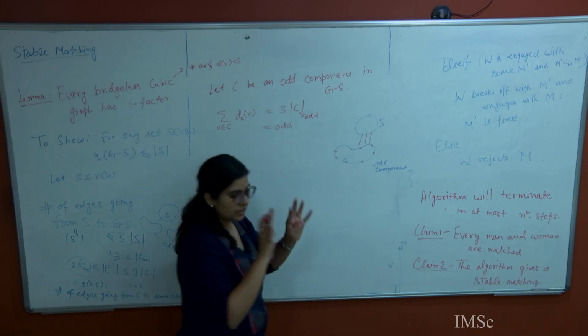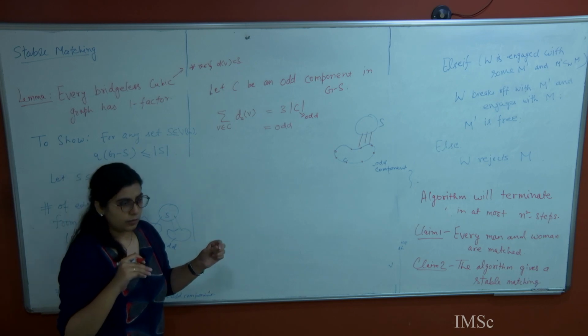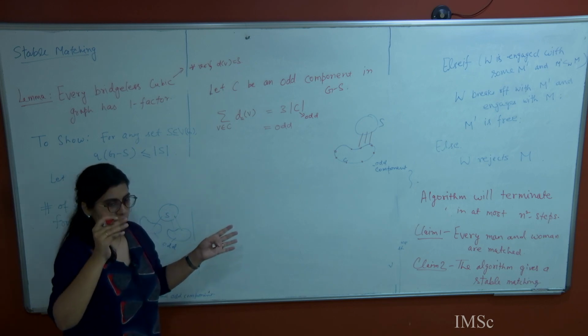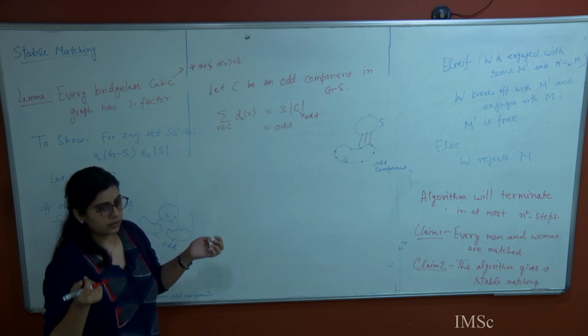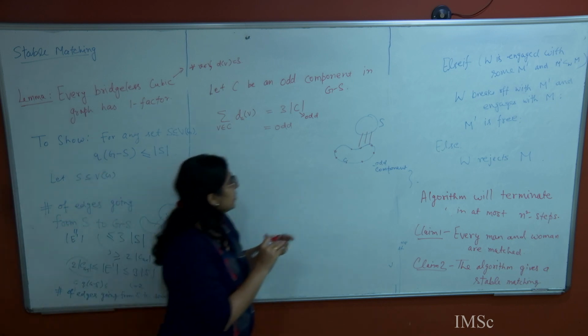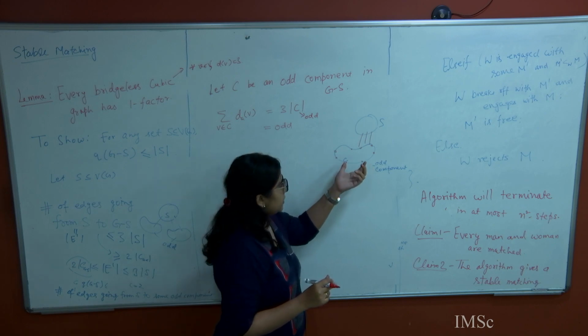Now basically, what is this degree sum? We have the number of edges, but some of the edges are counted twice, right? Which edges are counted twice?